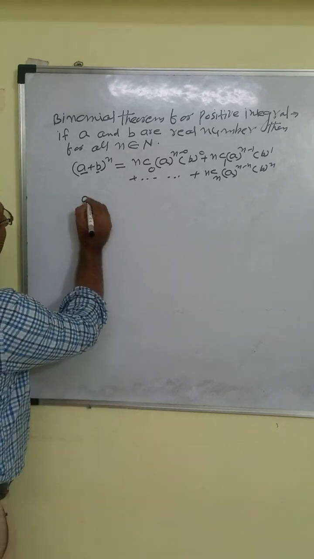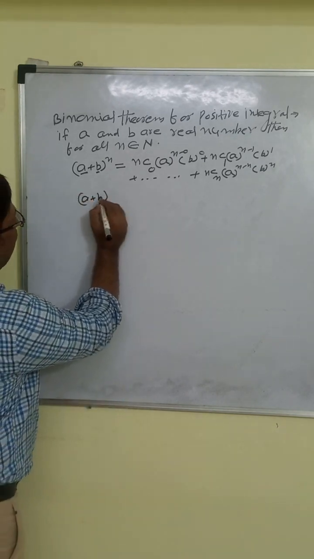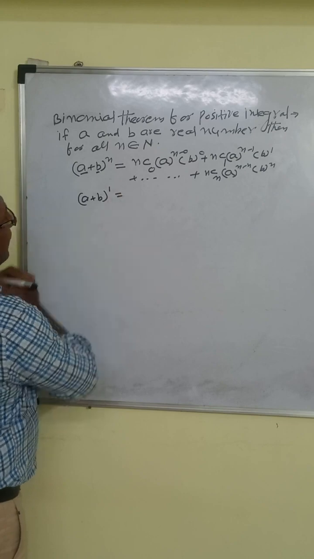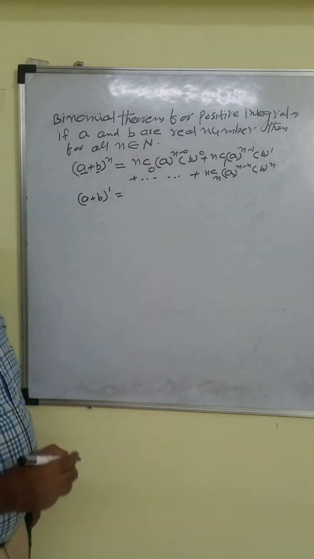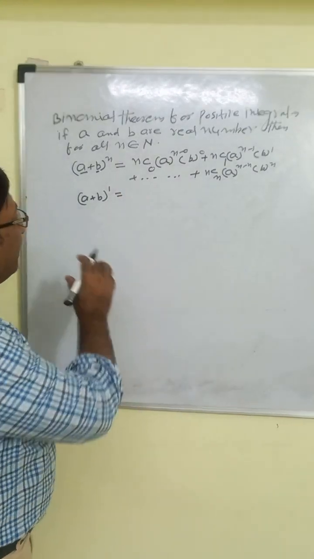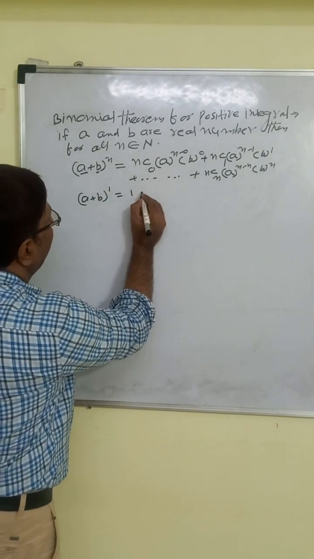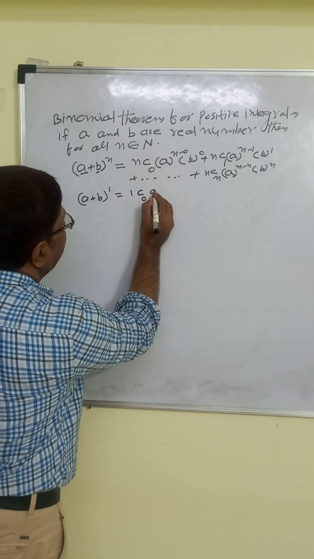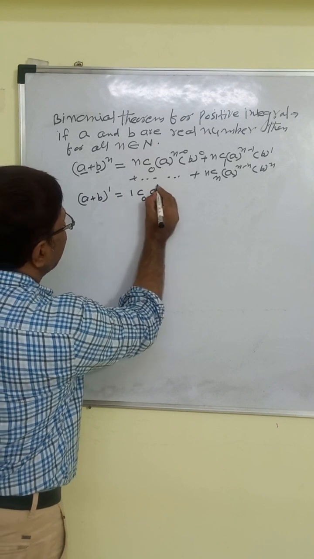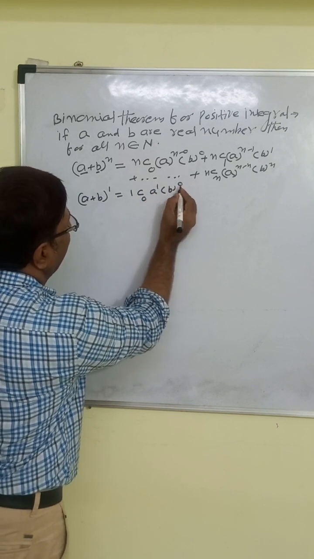So you know (a + b) power, suppose 1. So you know the answer is a + b. Just I am breaking it by the help of binomial theorem. So we get 1C0, a to the power 1 minus 0, 1, and b power 0.